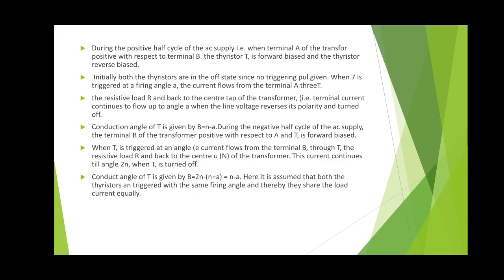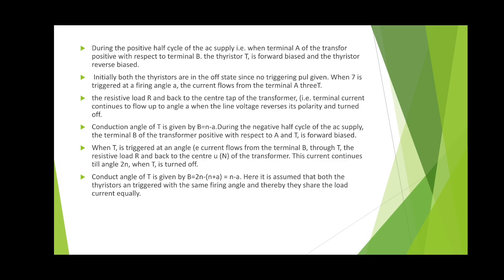Now during the negative half cycle of the AC supply, the terminal B of the transformer is positive with respect to A and T2 is forward biased. When T2 is triggered at an angle pi plus alpha, current flows from terminal B through T2, the resistive load R, and back to the center tap N of the transformer.